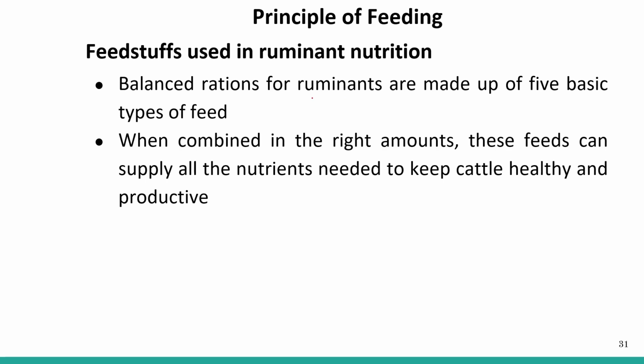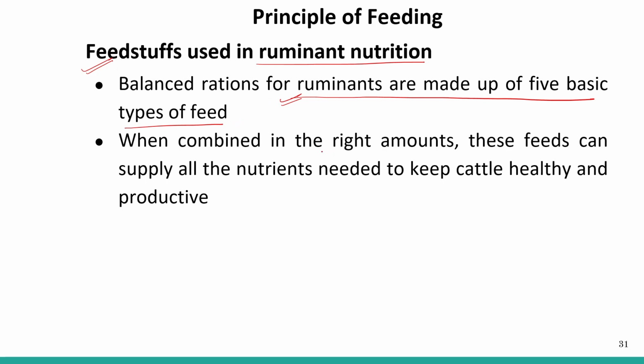Balanced rations for the ruminants are made up of 5 basic types of feed. So this is another topic, that is feedstuff used in ruminant nutrition. So what are the feedstuffs which we are using for ruminant nutrition? Their balanced ration for the ruminants is made up of 5 basic types of feed. So what are those?